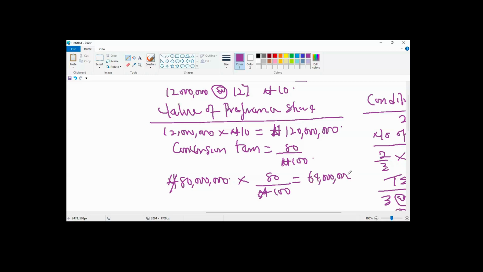Okay, 64 million shares. The 80 million value of previous shares will be converted to 64 million shares.